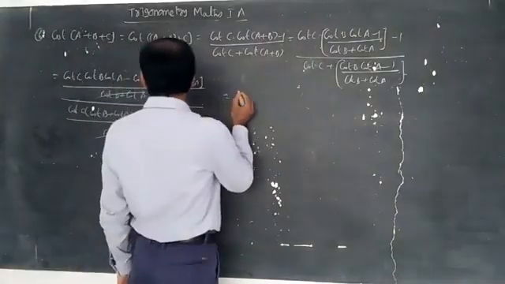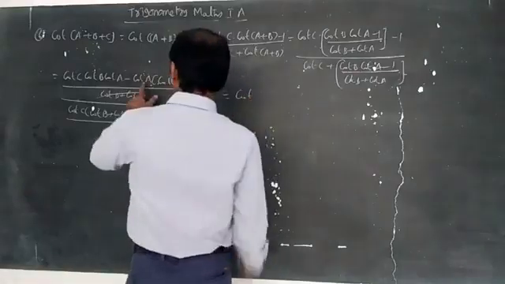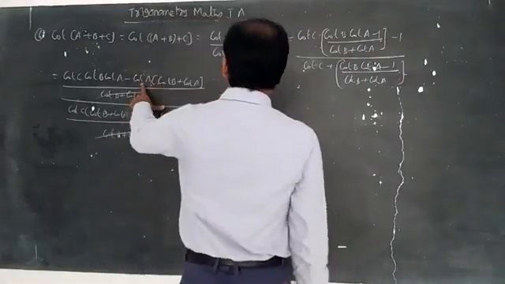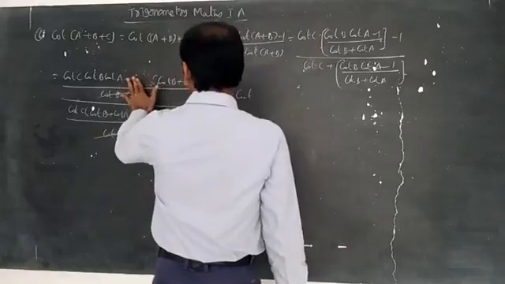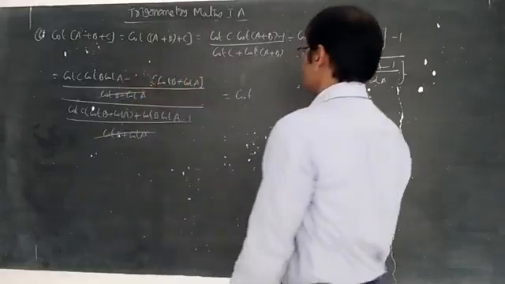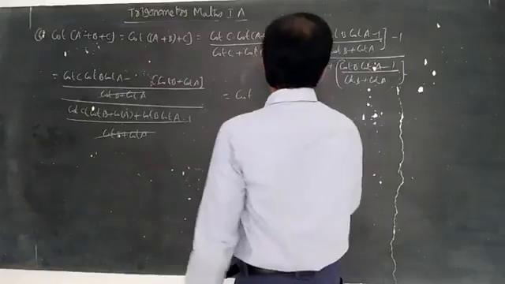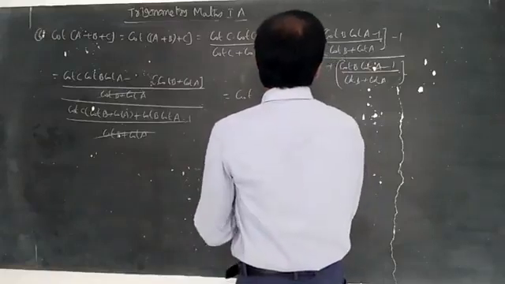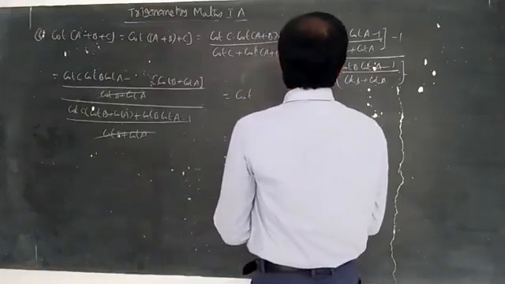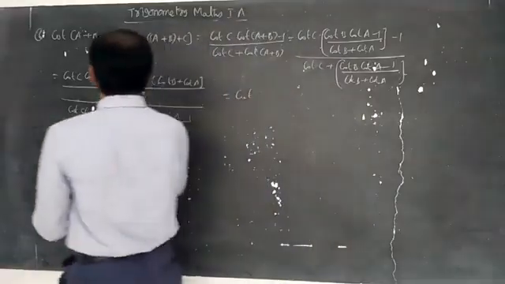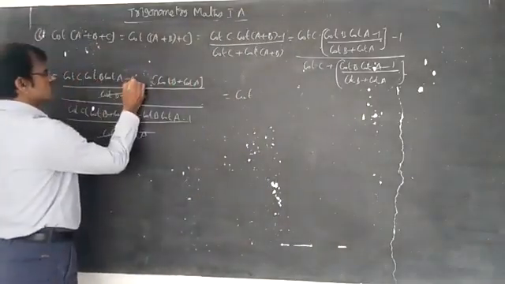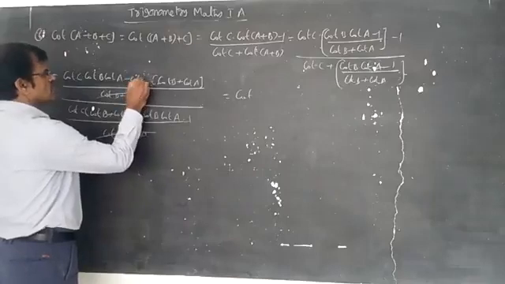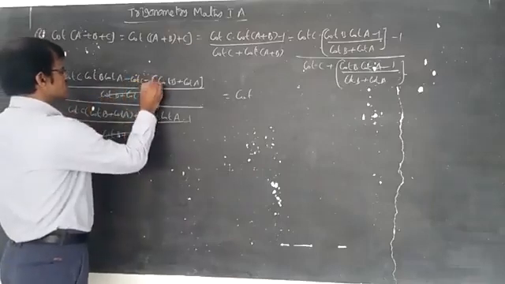Now you can write here cot A, minus cot B plus cot C, cot B, cot C, cot C cot B cot A, minus simply cot C. Minus of this one, it is correct.